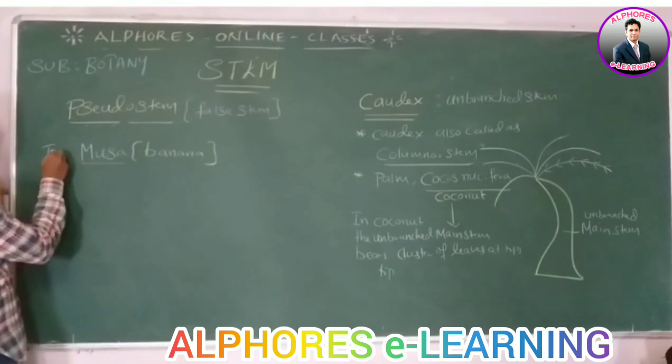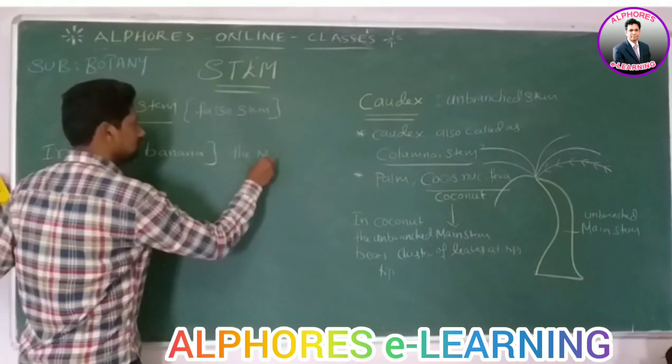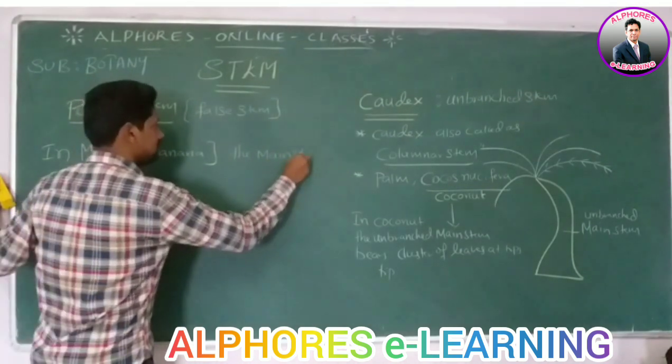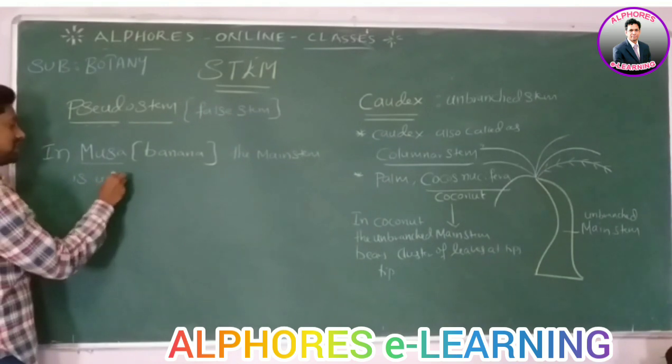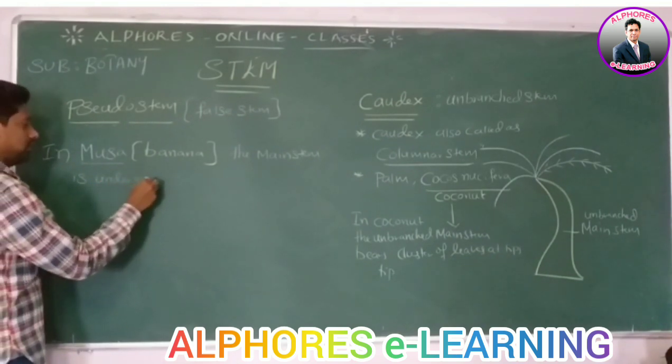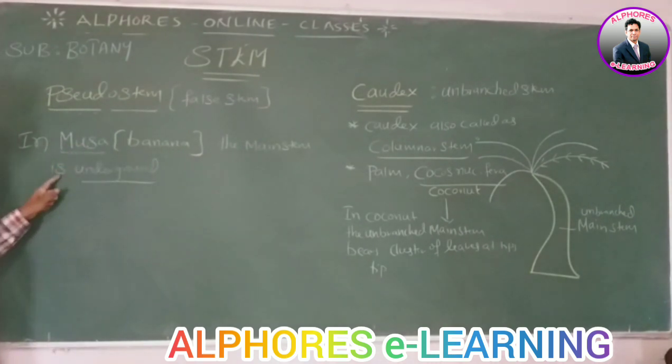Therefore, in Musa, that is in banana, the main stem is underground. Then the aerial stem, what we are seeing, is formed by the overlapping of leaf bases.